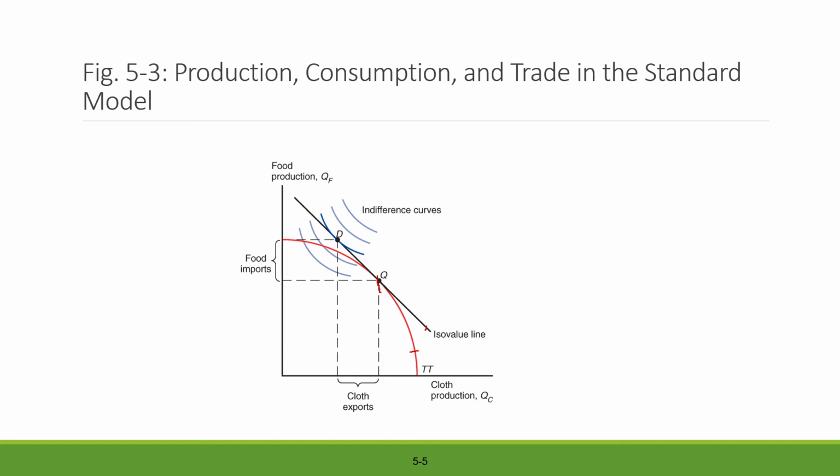But since we can trade with other countries, we can consume anywhere on the ISO value line. The choice of where we should consume on this ISO value line depends on the indifference curve.